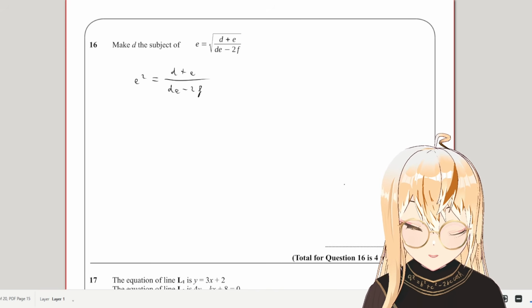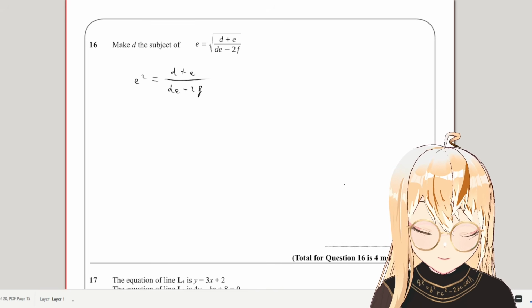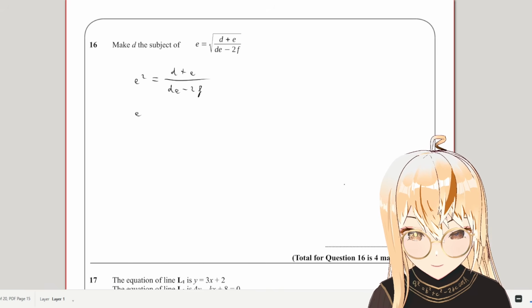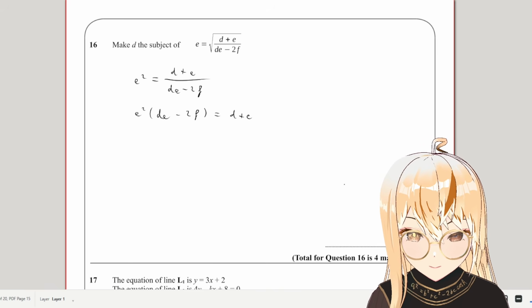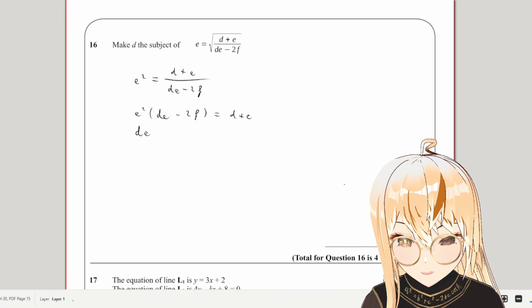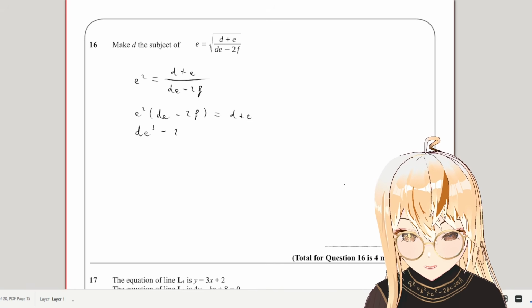This rule requires some careful rearrangement. And some careful multiplication.